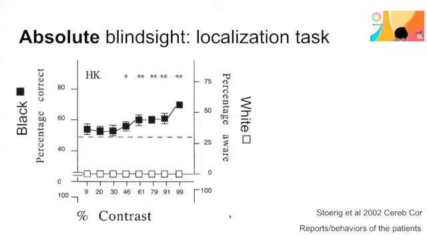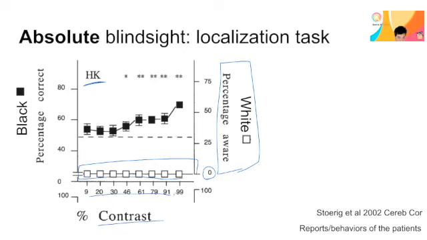So the first type of blindsight patient is categorized as an absolute type blindsight patient. This type, like the patient HK that I showed a scan of a couple of slides ago, basically says, first of all, the percentage of awareness is absolutely zero for all the trials across the whole contrast range of the stimulus, regardless of whether it's very faint, 9%, or 99%, very thick, black and white.